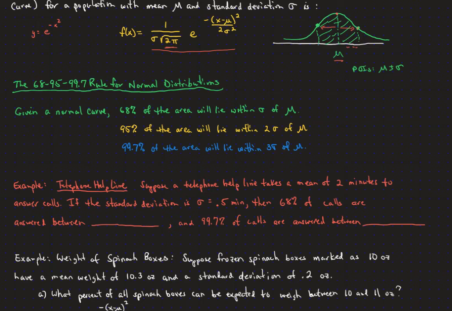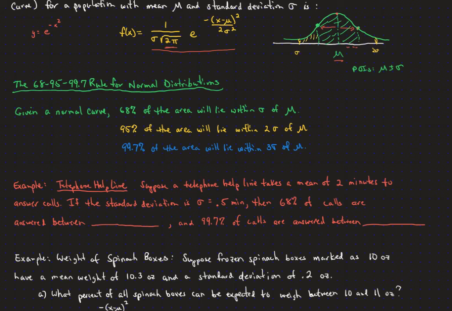So, for example, if this was all ACT scores or something like that, then the probability that you get an ACT score within 1 standard deviation of the mean is 68%. The probability that the data lies within 2 standard deviations of the mean is 95%.